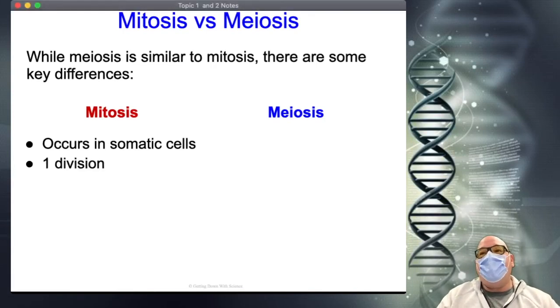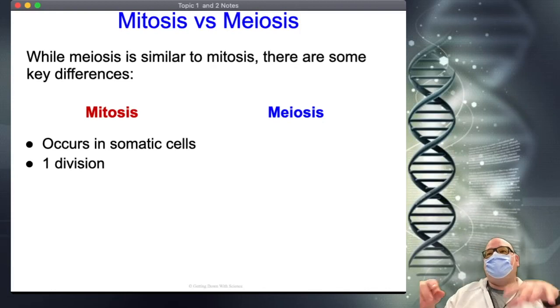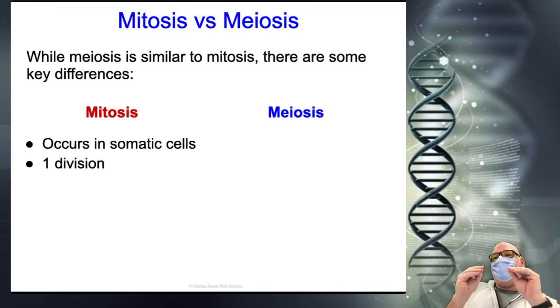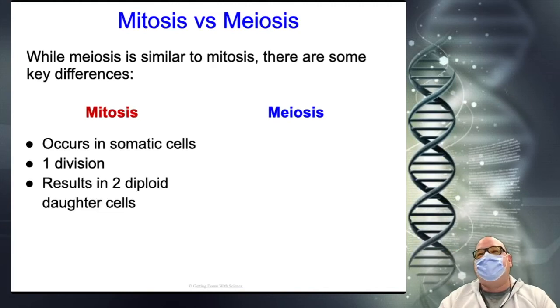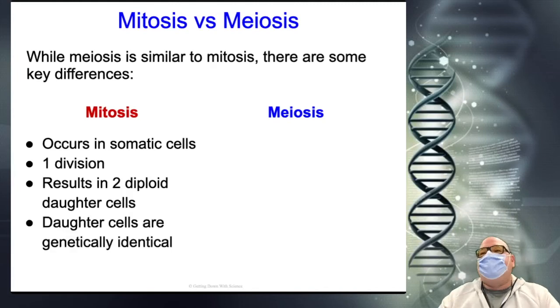Okay, we get one division. The chromosomes copy, we divide them in half, we get one division, exact copies. The result is both cells are diploid, and they are genetically identical.